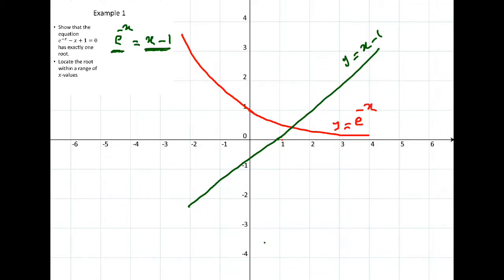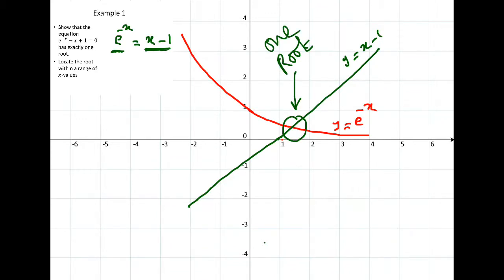It doesn't touch the x-axis, and the line cuts the x-axis at this point here, which is plus 1. Now we can see that they intersect at this point. It's between 1 and 2. The intersection point is here. That is the intersection point. And from here we can find the root. And there is only one root.